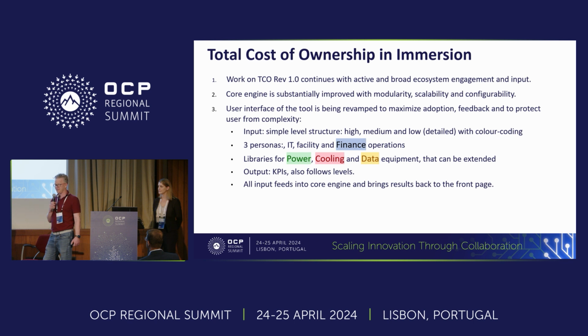We've used colors. If you enjoy colors, you'll see a lot of that today for different categories of equipment, and also 3 personas to help you see how the data is put in and the value comes out of the model according to IT and facility operations and financial, of course.